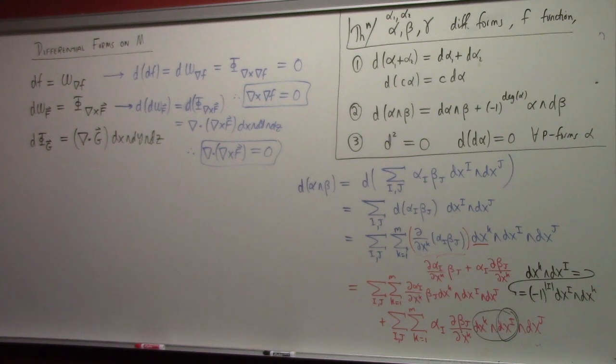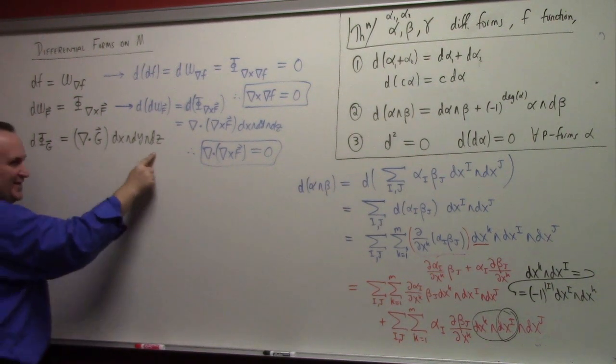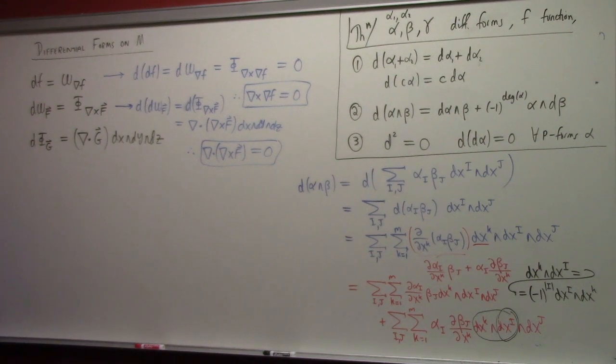And I think this is where the story stops. See, because it's true that you can take the exterior derivative of both sides and get 0 here, right? But it's not interesting. Why?